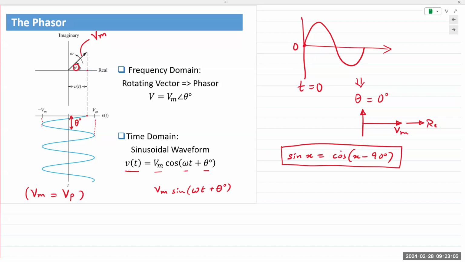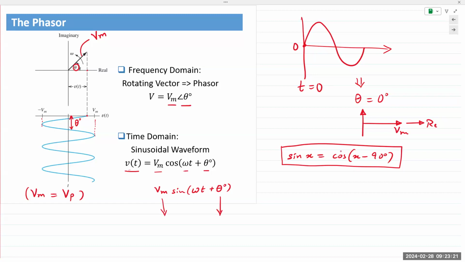You can describe this vector with only two things, the magnitude and the phase angle. So you can directly write down the phasor form of a time varying signal with only two things, Vm and then theta. That's it.